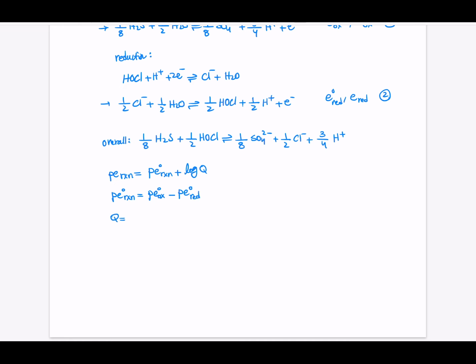And we also know Q is, in this case, sulfate to the 1/8, Cl minus and proton, over H2S and HOCl.